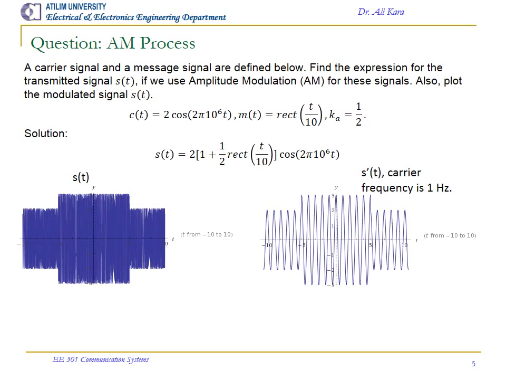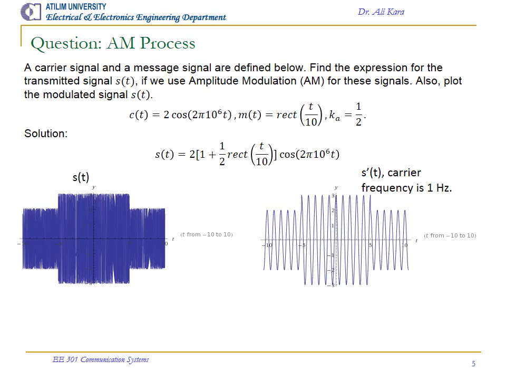Question: AM process. A carrier signal and a message signal are defined below. Find the expression for the transmitted signal s of t if we use amplitude modulation, AM, for these signals.